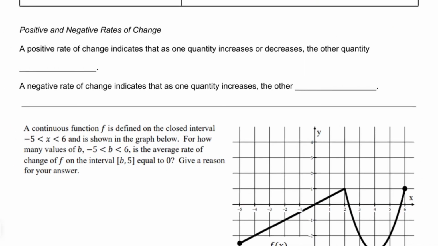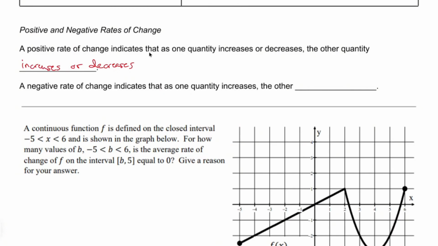What does that mean? A positive rate of change indicates that as one quantity increases or decreases, the other quantity increases or decreases too, in that order. So as one quantity increases, the other quantity increases.